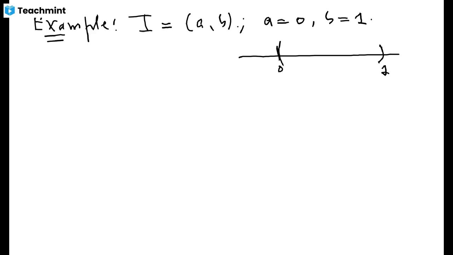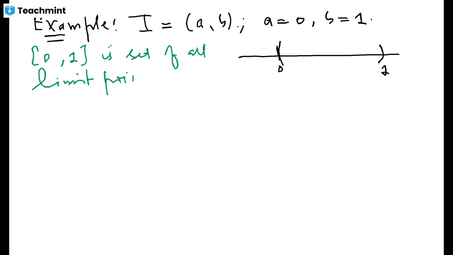To show that 0 is a limit point of this interval, I will write that [0, 1], this closed interval, is the set of all limit points of the open interval (0, 1). Likewise, in the case of an arbitrary open interval (a, b), the closed interval [a, b] will be the set of all limit points for this. So let's verify it.